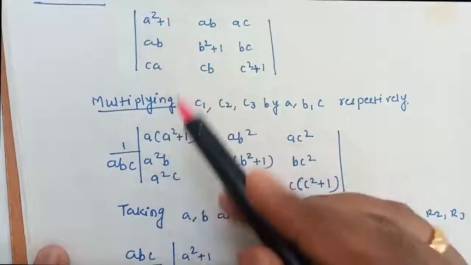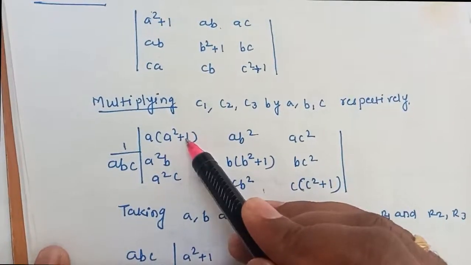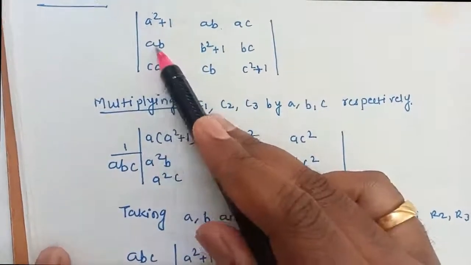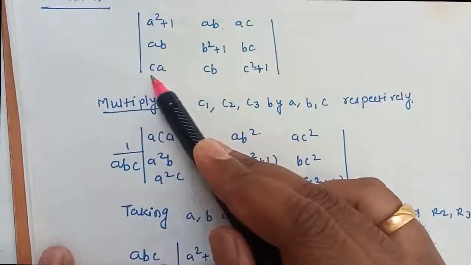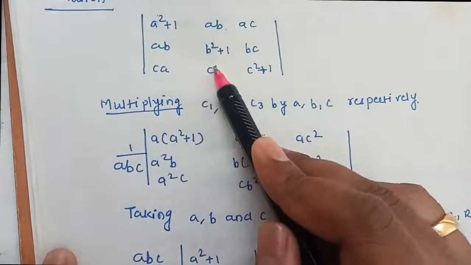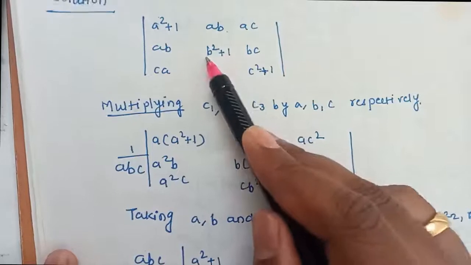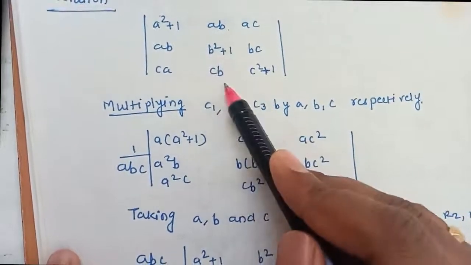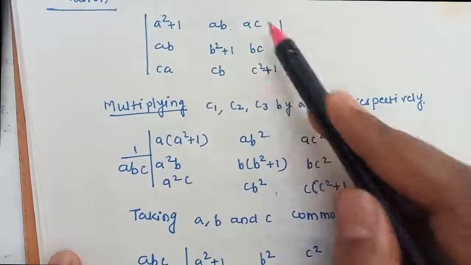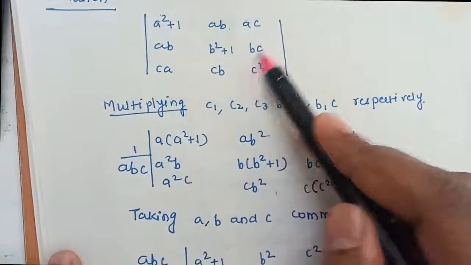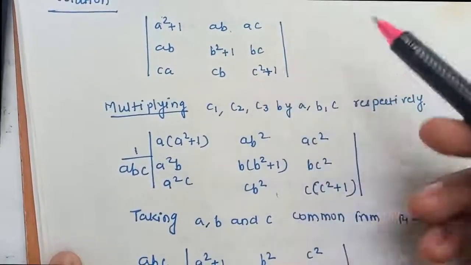After I multiply with a, here will become a bracket of a square plus 1. Here a into a will be a square b, this will be ca square. Multiply b to the C2, so ab square. b into bracket of b square plus 1, this is cb square. Multiply c with column 3, ac square, this will become bc square. c into bracket of c square plus 1.